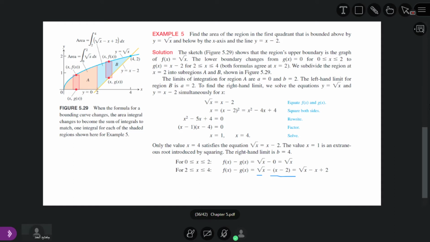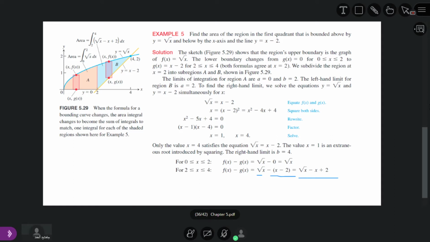Whenever we simplify this, the minus becomes positive. So square root x minus x plus 2. So we have now these two. It means we will integrate from 0 to 2 plus we will integrate from 2 to 4. So usually we are taking the additivity property of the interval. What is the additivity property?